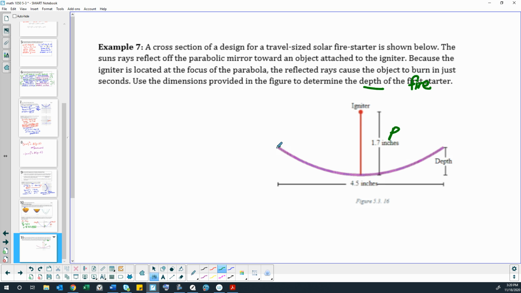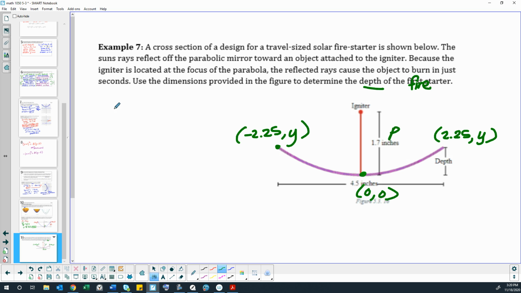And then that gives us a point here. If this is at 0, 0, we would have a point here at negative 2.25 comma, I'm going to call it d for depth, but I guess it's y, so maybe we shouldn't go changing our variable. So 2.25 is half of 4.5, and depth, just leave that at y.